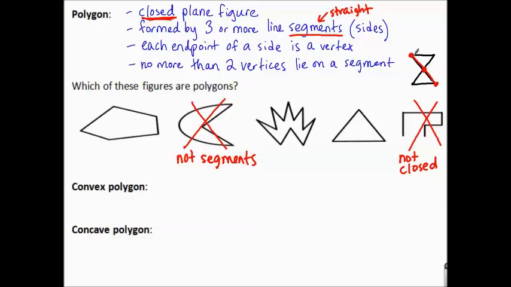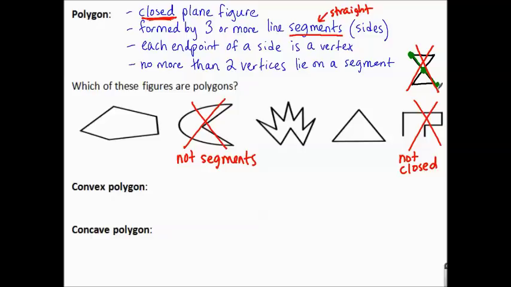That's more than 2 vertices, so that one is not a polygon. I'm going to color code that a little bit differently so that I can outline, here's the segment. It has 3 vertices on it, more than 2 vertices, therefore it is not a polygon.